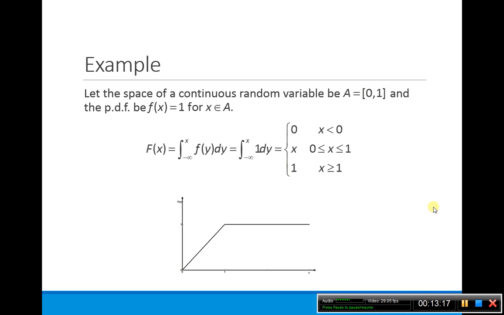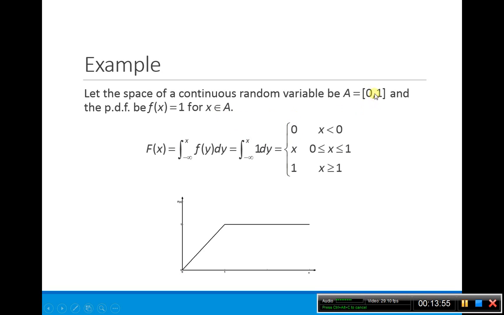An example here: let the space of a continuous random variable be A, which is in 0 to 1, and let the p.d.f be exactly f of x equal to 1. Then for x in A, what do we get? Well, we have a p.d.f of 1 here, so we plug in 1. If x is less than 0, remember our range A goes between 0 and 1, then we get 0.